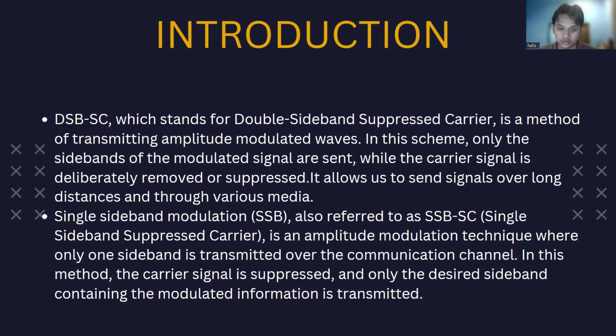Next is SSB, also referred to as SSB-SC, which is single sideband suppressed carrier. SSB is an amplitude modulation technique where only one sideband is transmitted over the communication channel.